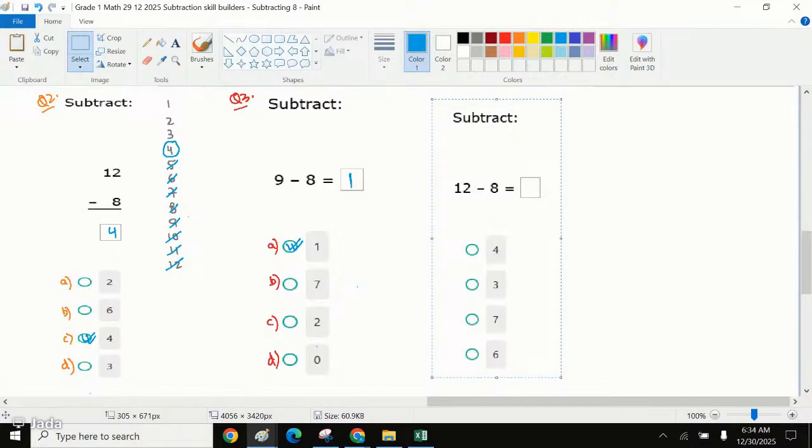This is question number 4 from the test, and the options were A, B, C, and D. So what is 12 minus 8?